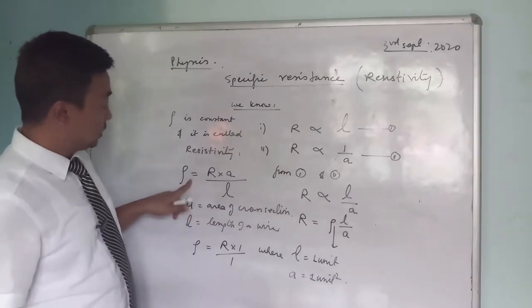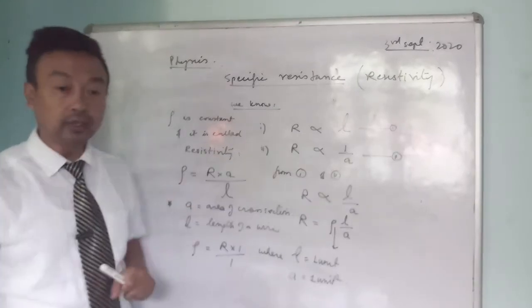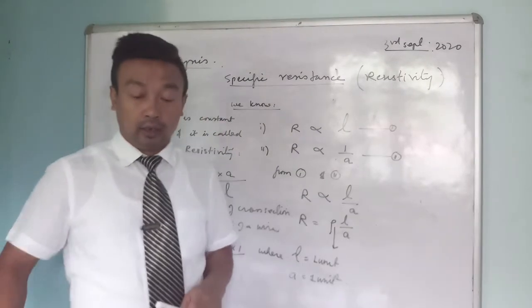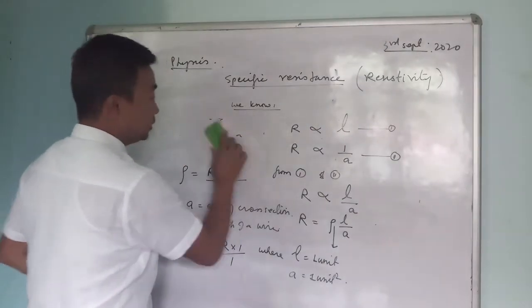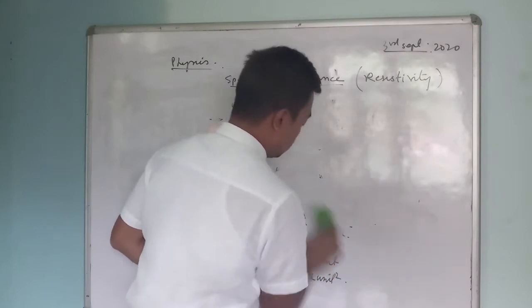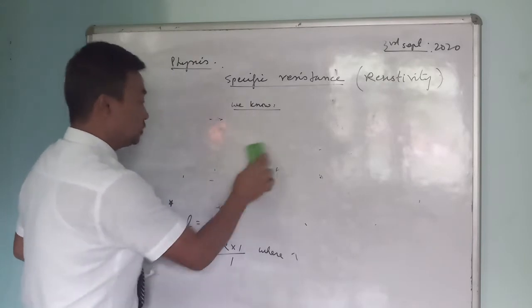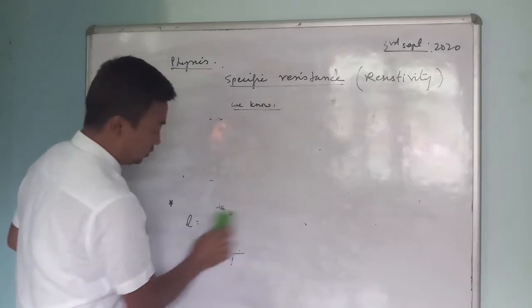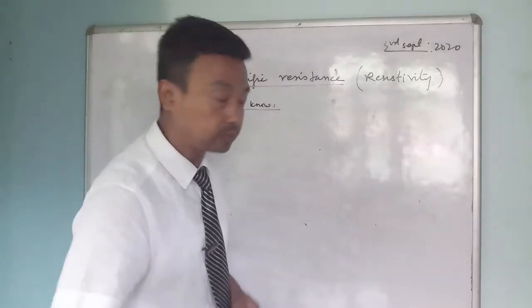So this resistivity, or the specific resistance, is very, very important. Now let us learn the unit of resistivity. All the physical quantities or terms we have learned so far are measurable quantities, and therefore each of them will have a unit.